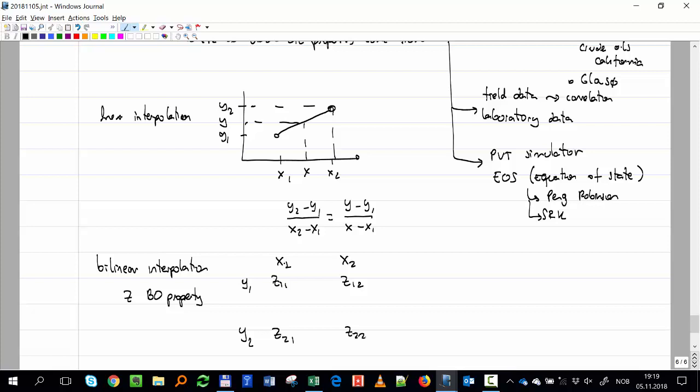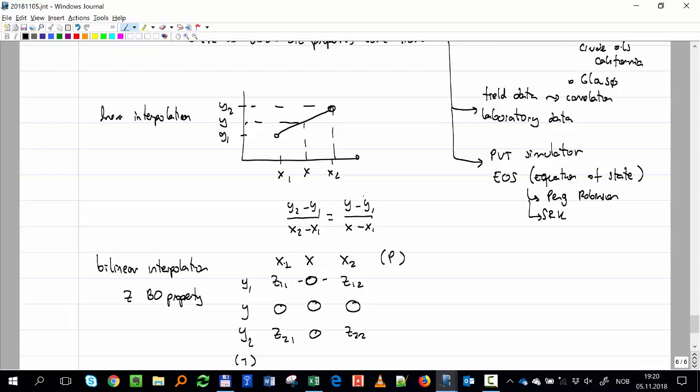You want it for x and y, where x will be pressure and y will be temperature. First you interpolate to find this point here, interpolate to find this one here, interpolate to find this one here, interpolate to find this one here, and finally you interpolate to find the point in the center. Yes?